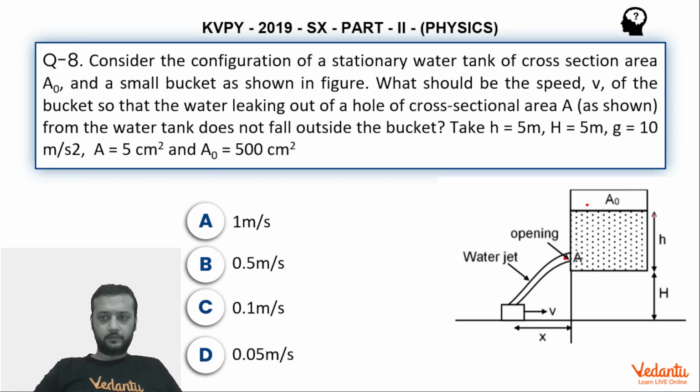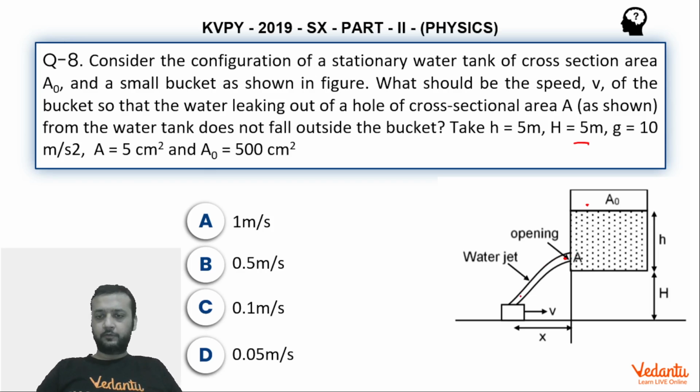Now what's happening over here: at a certain instance the height of the water in the tank is 5 meters. Of course this will change with time. The base of the tank is at a height of 5 meters from the ground, and there's an opening at the bottom, a small cross section opening.